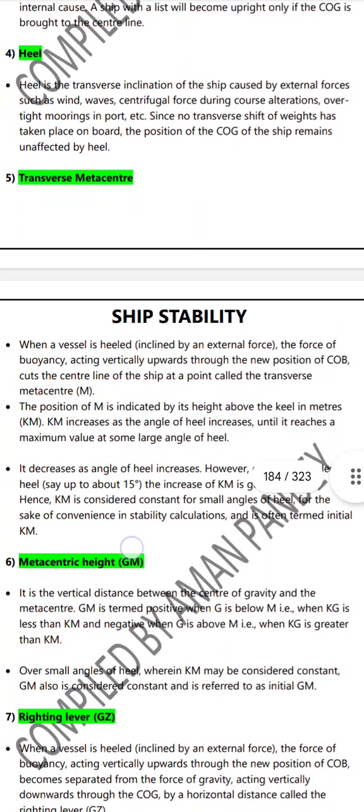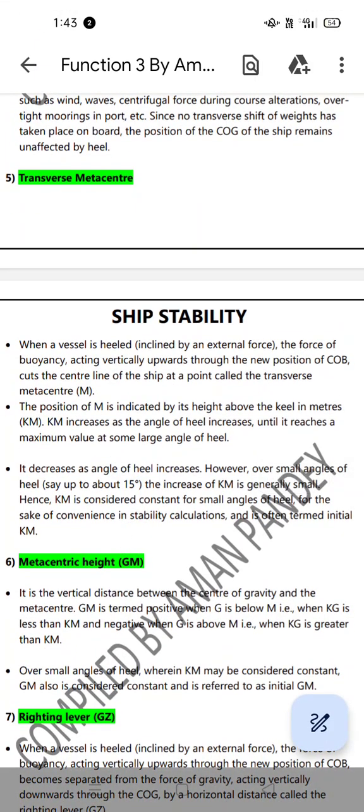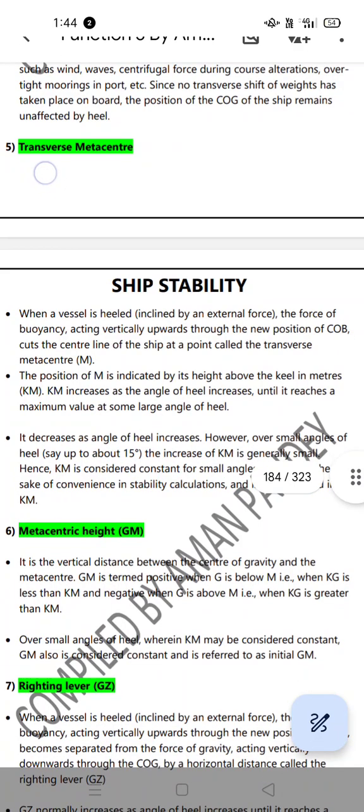Now, what is the metacenter? Basically, the transverse metacenter: when a vessel is not upright, because the center of buoyancy has changed due to external forces, the vertical line passing through this new center of buoyancy cuts the center line of the vessel as it was when upright. The point where this intersection takes place is called the transverse metacenter, denoted by M.